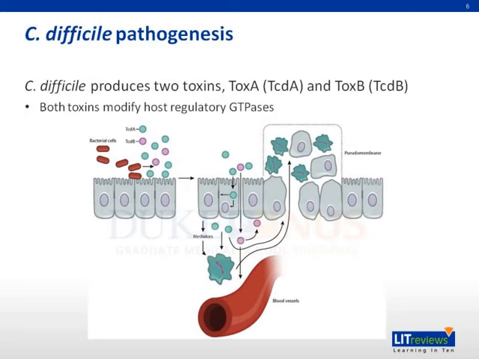And after you've got disruption, the cells will be producing a series of inflammatory mediators, and you'll have recruitment of inflammatory cells to the site, and you'll have disruption of the intestinal epithelium. And the recruitment of the inflammatory cells is what gives you the very characteristic pseudomembranes in Clostridium difficile infection.